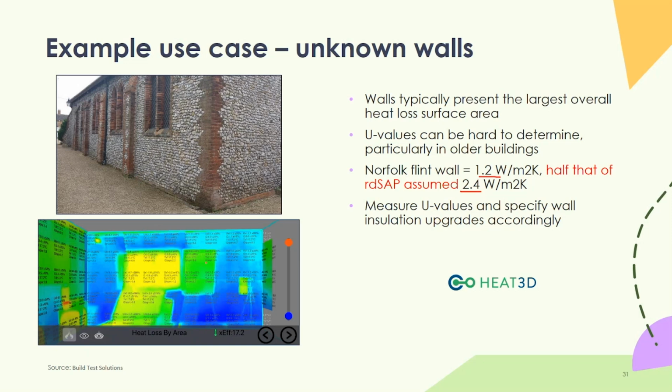So this is a Heat 3D thermal image time-lapse survey that was run on this particular property. So again, that's a high conservation value building. You would never externally insulate that. It'd be challenging to internally insulate it. By measuring the U values, you've actually determined that the investment case for insulation isn't there anyway. So you'd focus your spend elsewhere.